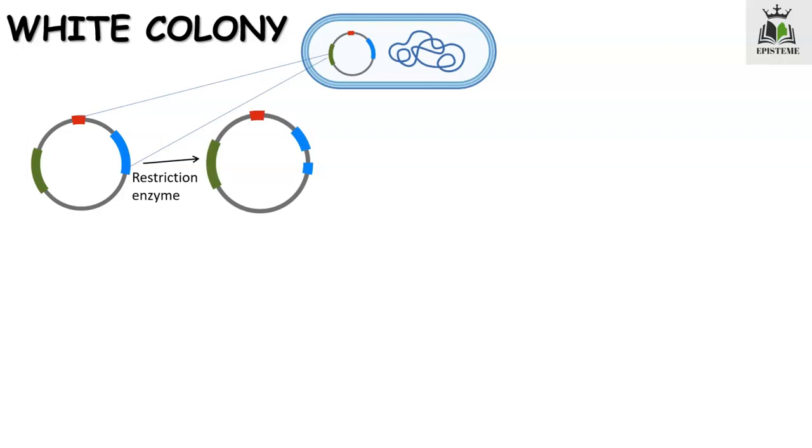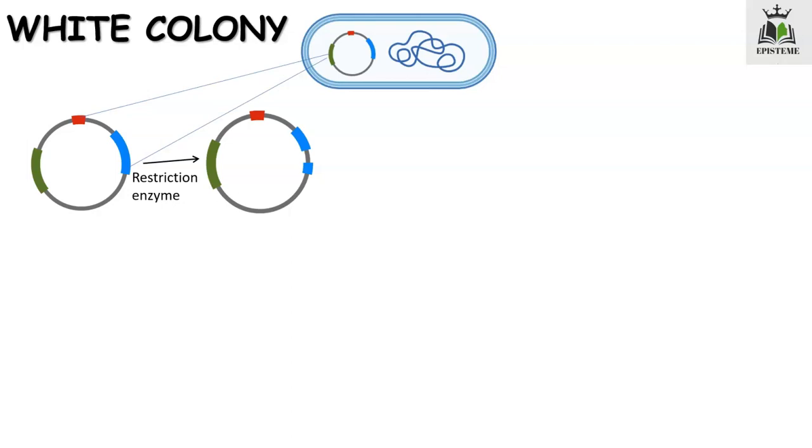So we cut open this LacZ part. The restriction endonuclease can cut a blunt end or it can cut sticky ends. Depending on the type of the restriction endonuclease you are using, you can get that specific cut.